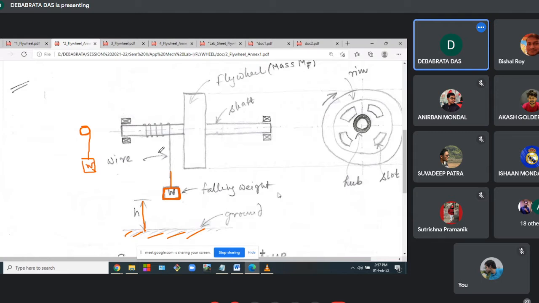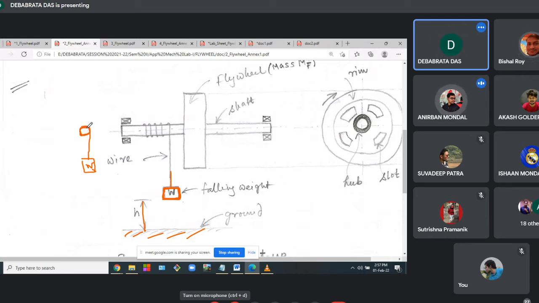The moment you release this weight, what will happen? The shaft will rotate. Now to rotate anything, we need torque. How is the torque provided on the shaft?